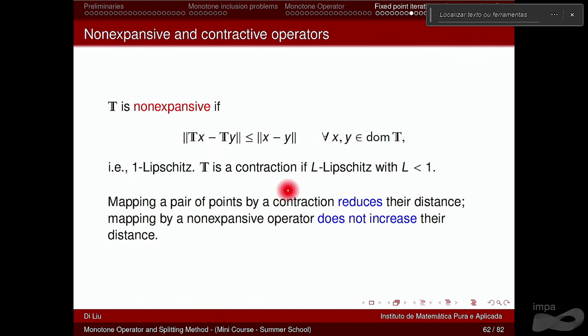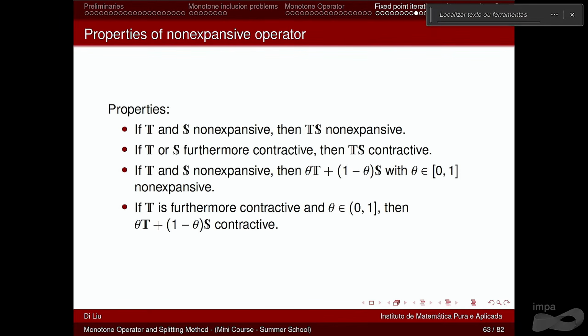If it satisfies this inequality, then we call it non-expansive. We have some properties of non-expansive operators. If T and S are non-expansive, the composition is non-expansive. If one of them is a contraction, then the composition is a contraction.